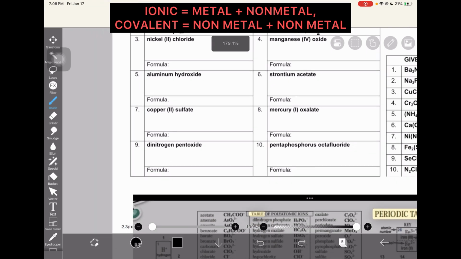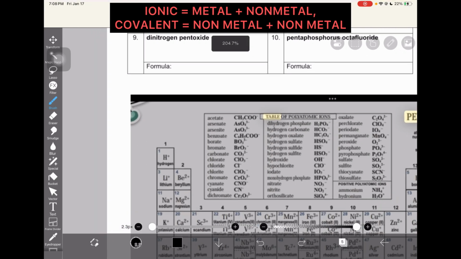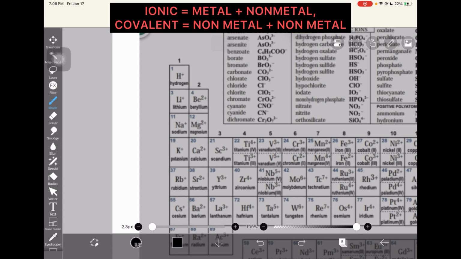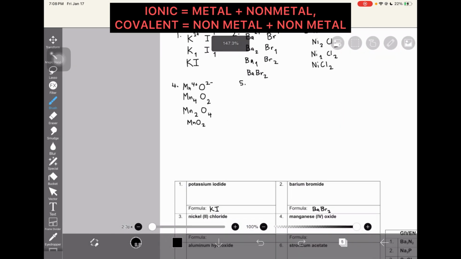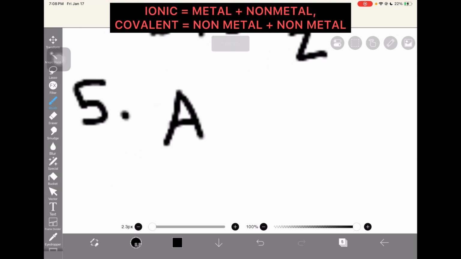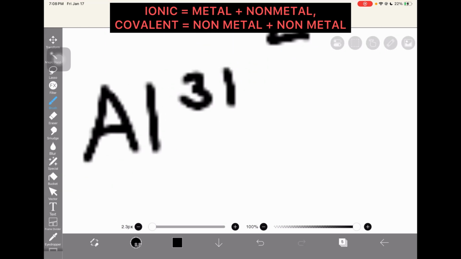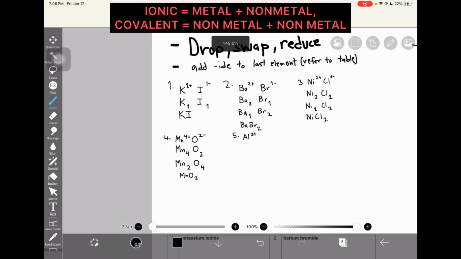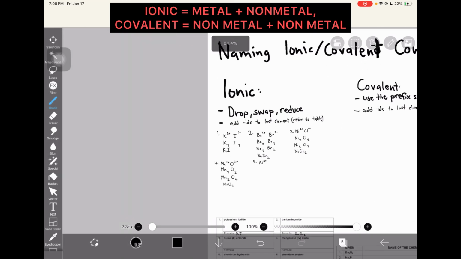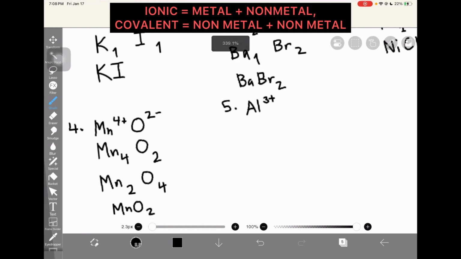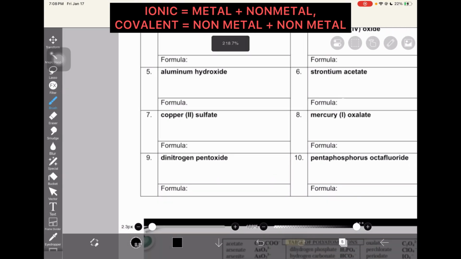Okay. So, for aluminum hydroxide, let's first look at Al. Al is over here and has a charge of 3+. Al 3+. Then we have the hard part, which is finding hydroxide.